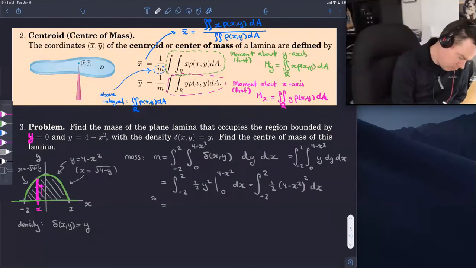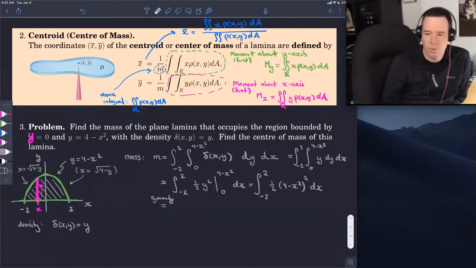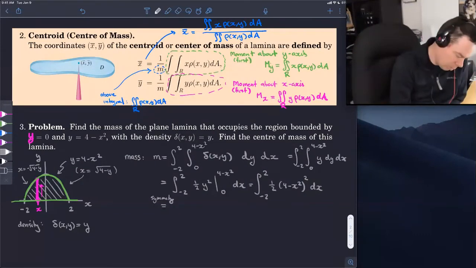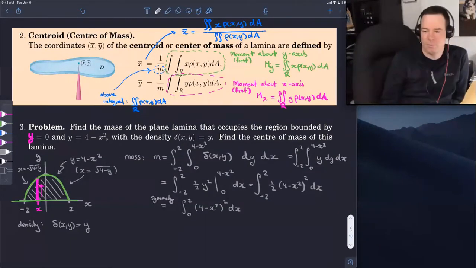I only need to integrate over half of the region and then just double my result. So I'll integrate from 0 to 2 and double the result, so I can get rid of that half in front. And that's just using symmetry.